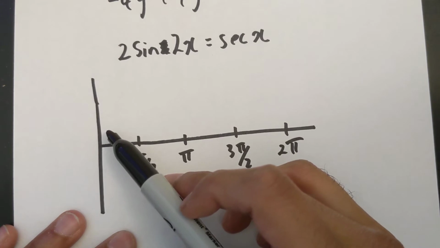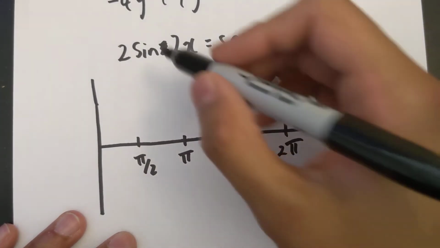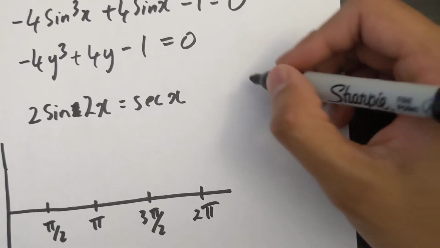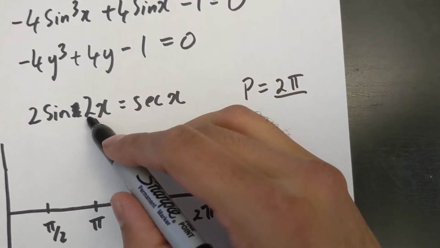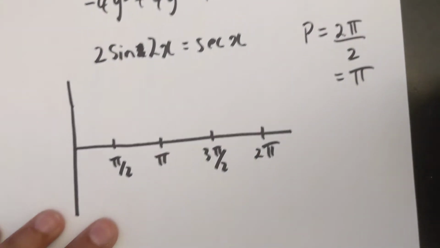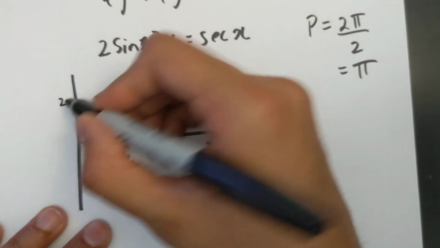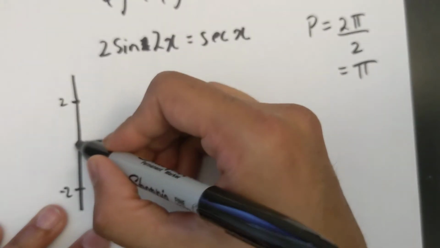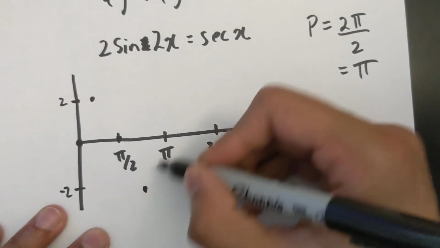Now I'm going to start by drawing the first, 2 sine 2x. That's a bit of an easier one. So the first thing I'll do is calculate my period. My period is 2 pi over k, which is 2, so my period is just pi for one wave. I know my amplitude is 2 as well. So 2, negative 2, and that's my first point, my second point, third, fourth, fifth.